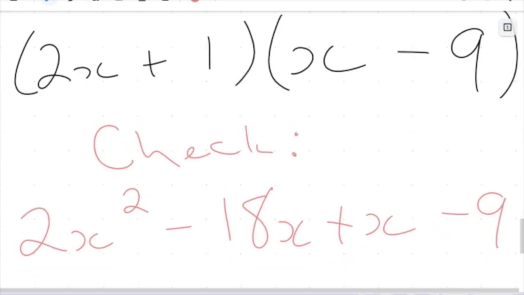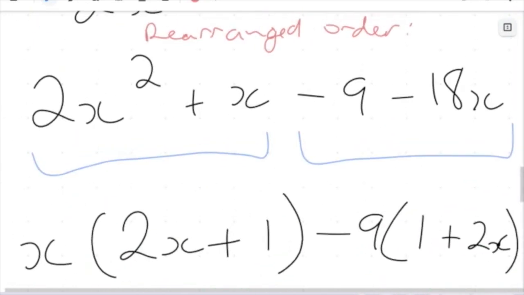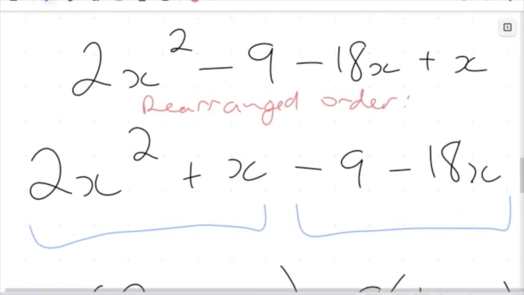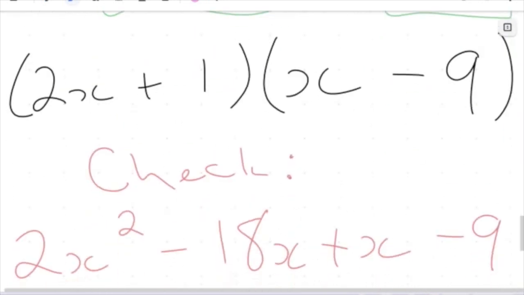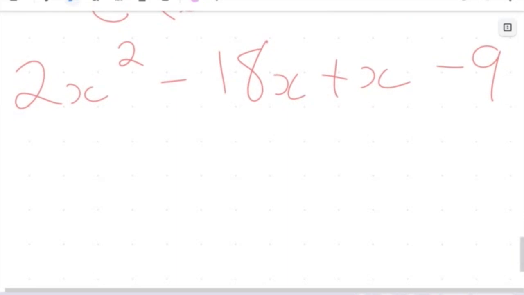And you can see here what I get at the end is the exact same as this thing up here, just in a different order. But remember, with adding and subtracting, the order doesn't matter. We're going to get the same result. So in other words, this thing here is the exact same as this thing down here.